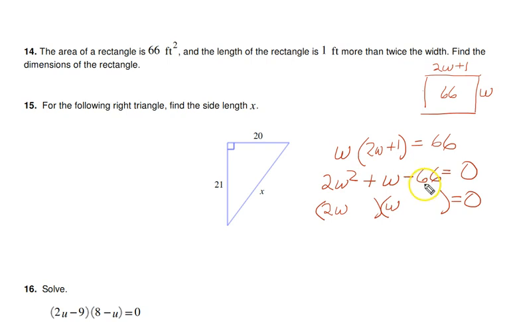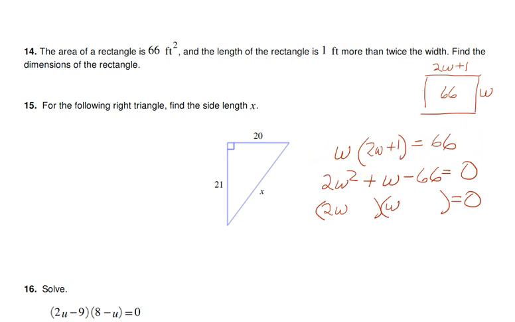And now we're looking for factors of 66 that will give us a difference of 1, a plus 1. Okay, I'm going to have to work on that a little bit.